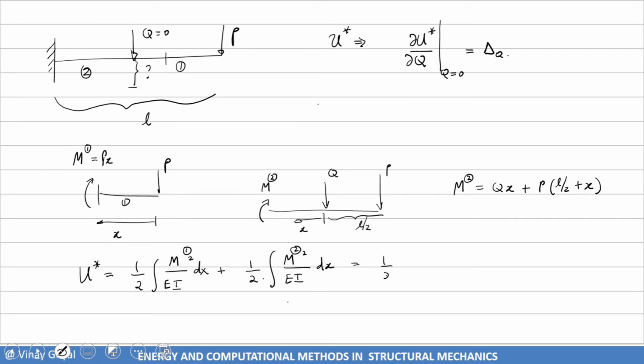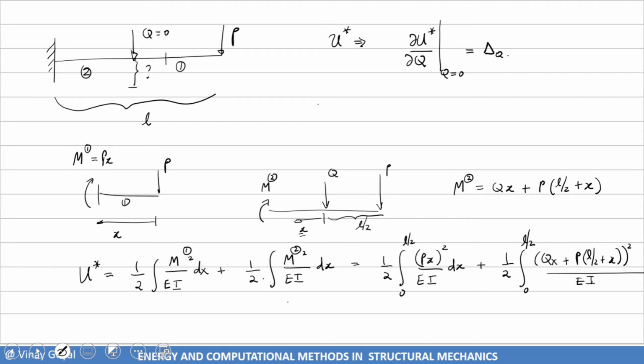And that's really 1/2 integral, and the first portion goes from 0 to L half of Px squared over EI dx, plus 1/2 the second portion, which is 0 to L half also, because that's how I defined x. Qx plus PL over 2 plus x, squared over EI dx. So that's U star.